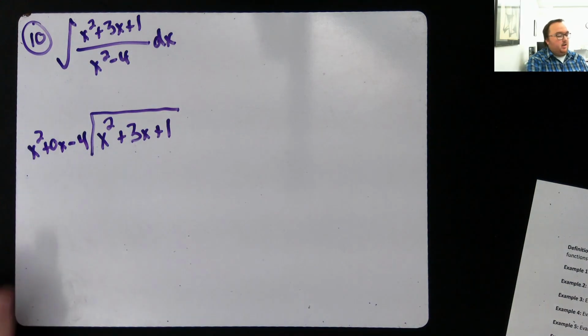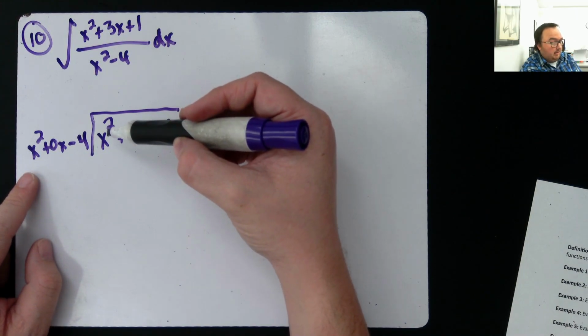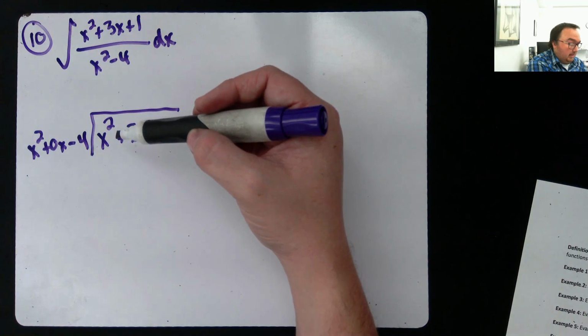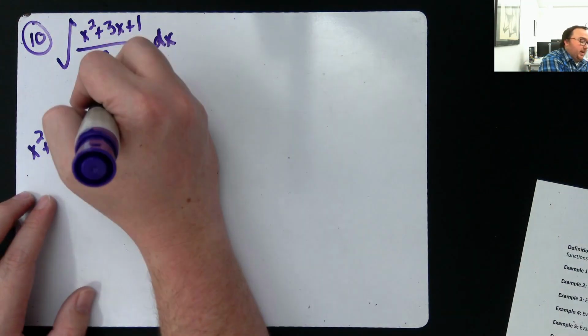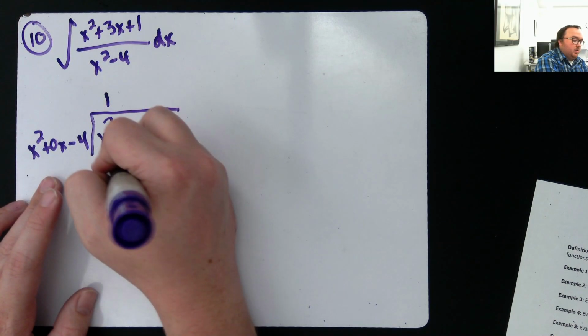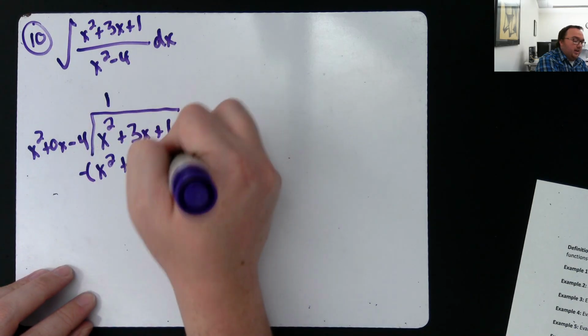So do this again. How do I get from x squared to x squared? Well, I times it by a 1. 1 times x squared is x squared. 1 times 0 is 0. 1 times a negative 4 is negative 4. Subtract that.